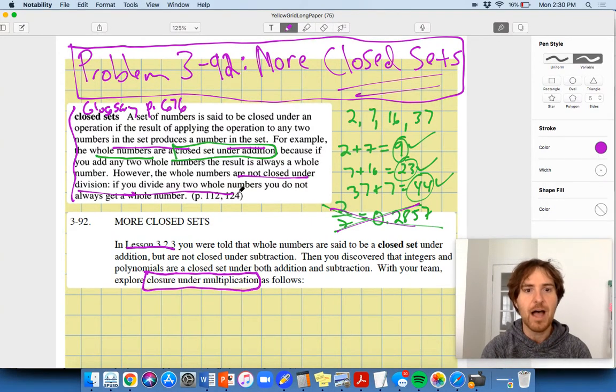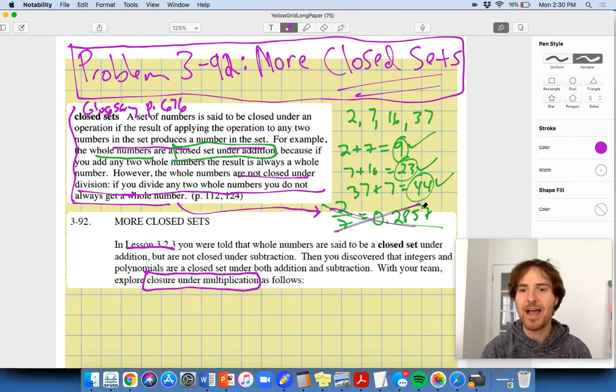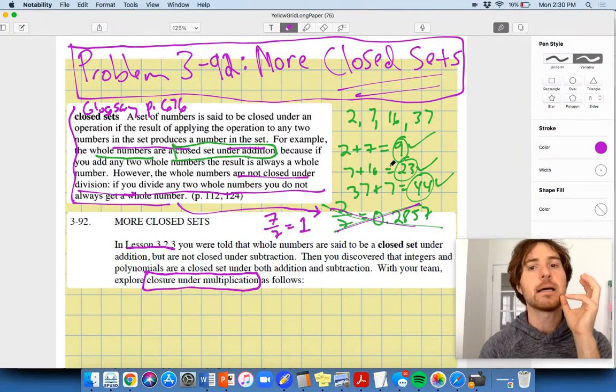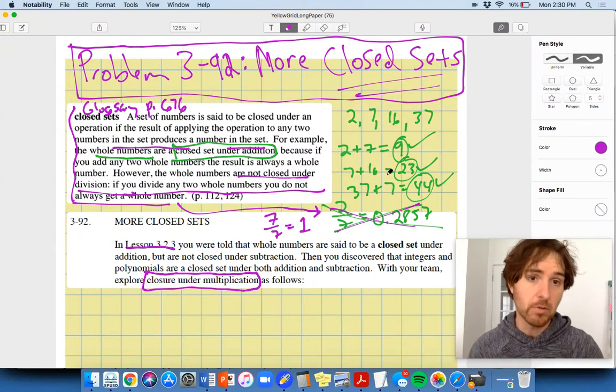Why? If you divide any two whole numbers together, you do not always get a whole number, okay? The only way you're going to divide two whole numbers together and get a whole number is what? If the two whole numbers are the same, right? 7 divided by 7 equals 1. 1's also a whole number. So don't let this example confuse you, because the set of whole numbers is not closed under division, meaning if I divide two whole numbers together, it doesn't always give me a whole number answer, okay?